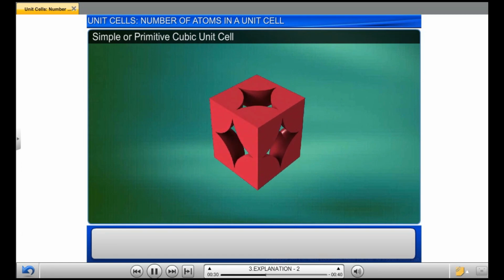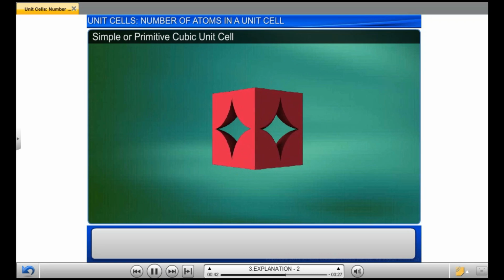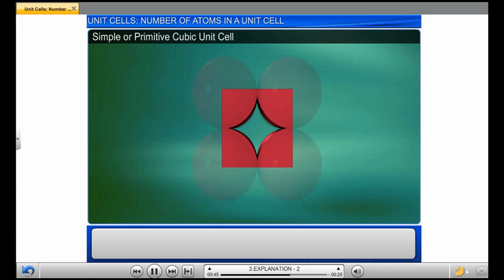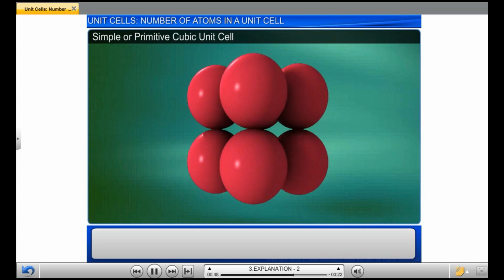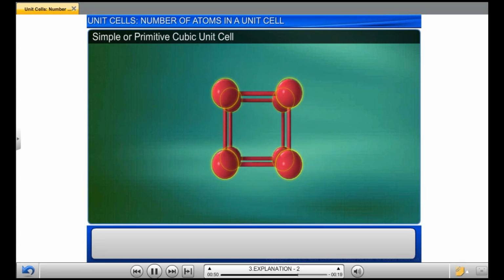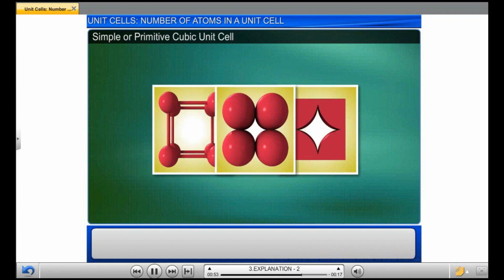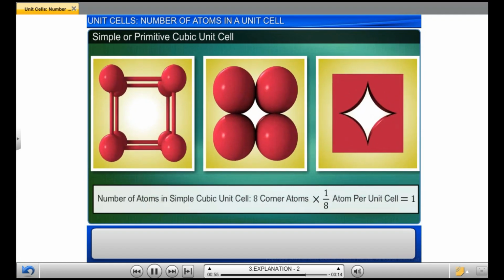From this, it is evident that each atom at the corners contributes 1/8 of its original volume to each unit cell. There are 8 atoms at the 8 corners. Thus, the number of atoms in each unit cell is equal to 8 corner atoms into 1/8 of an atom per unit cell, which is equal to 1.